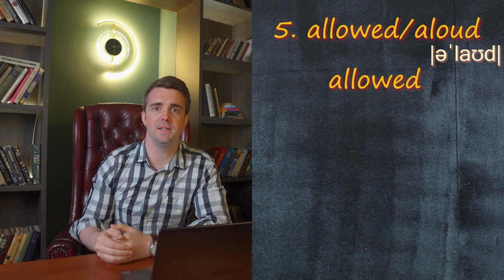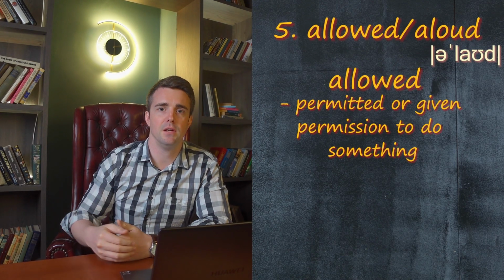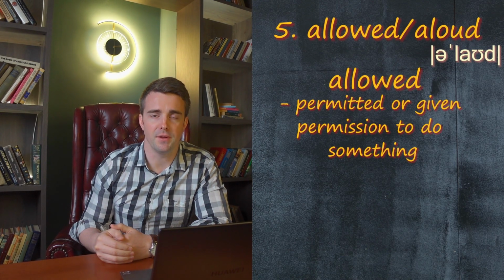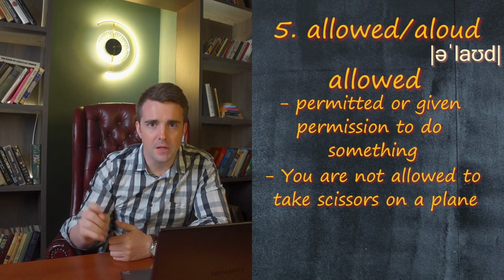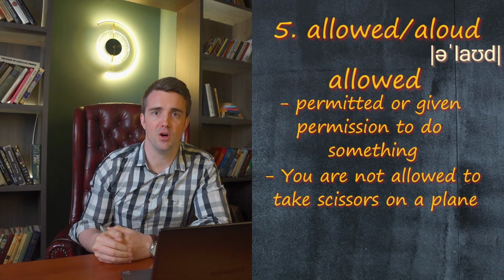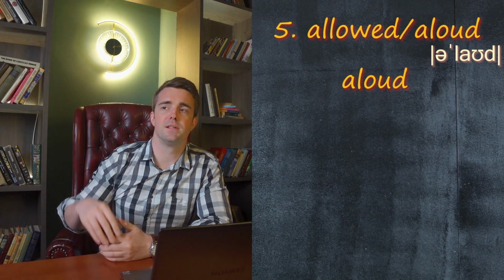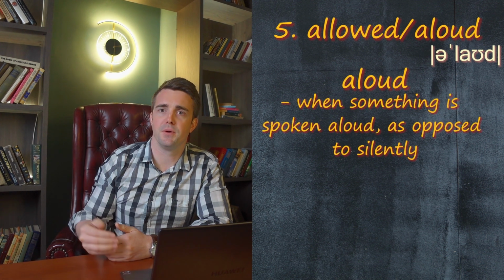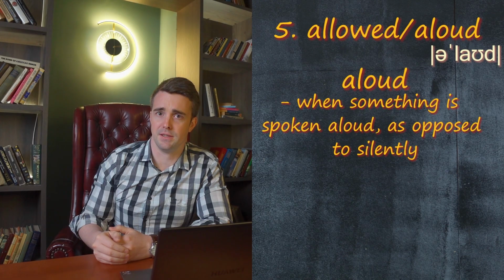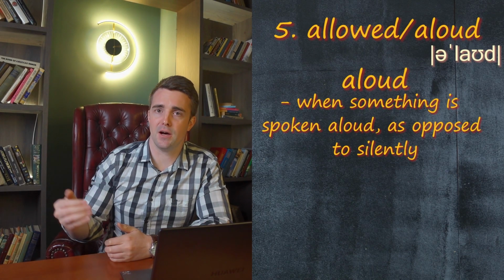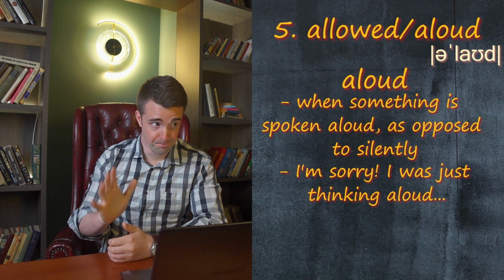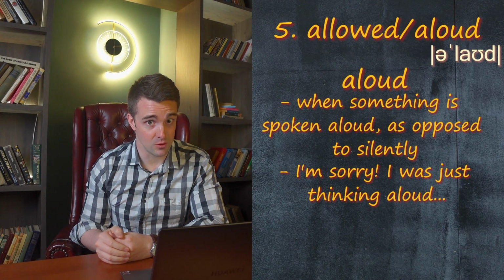Allowed means permitted. You are permitted or given permission to do something. So for example, you are not allowed to take scissors on a plane. And aloud is when something is spoken aloud as opposed to silently. It's not done silently, it's done aloud. So for example, I'm sorry, I was just thinking aloud.